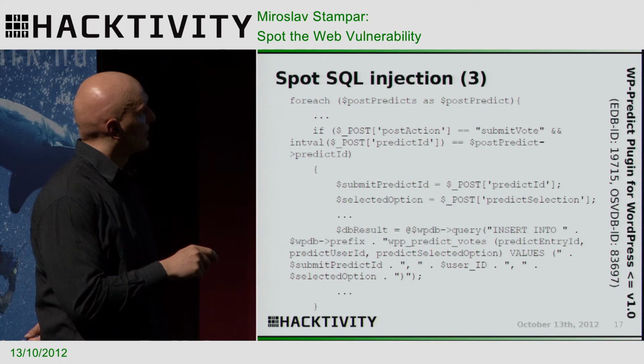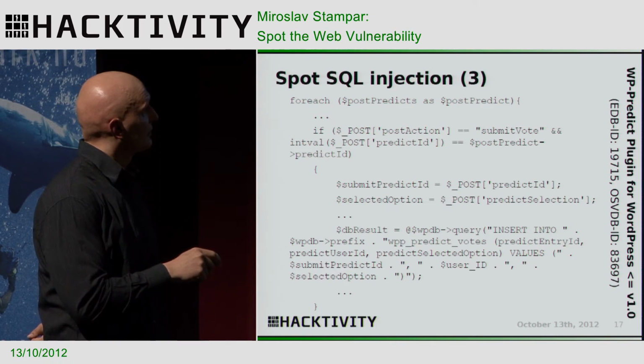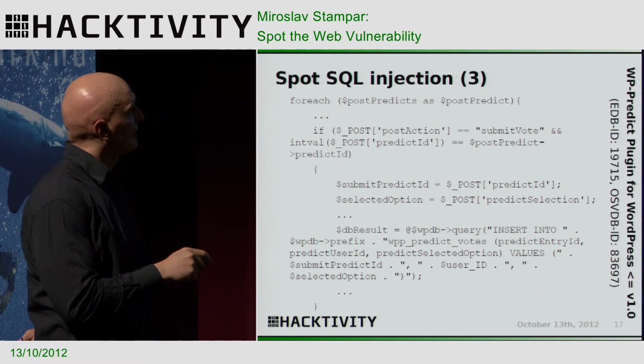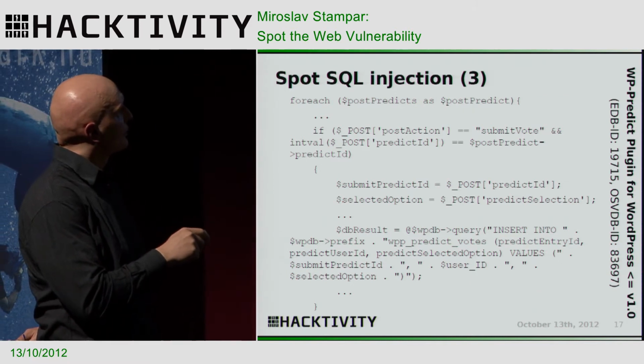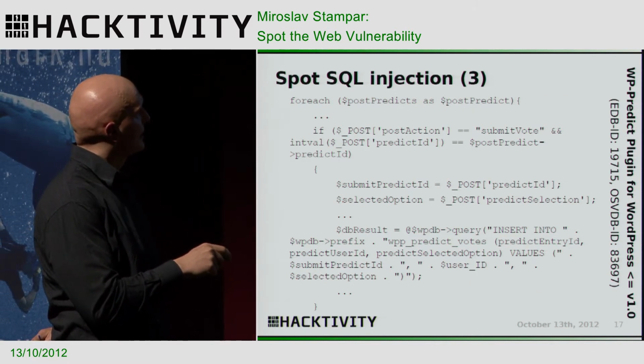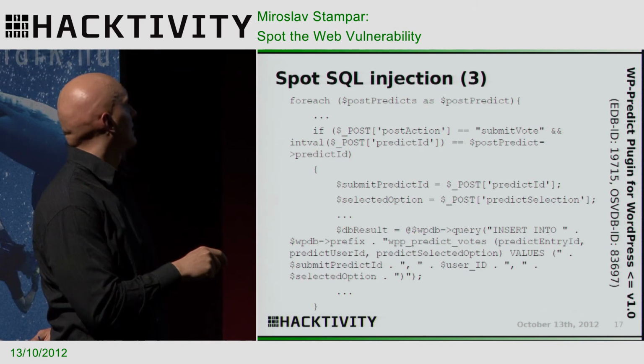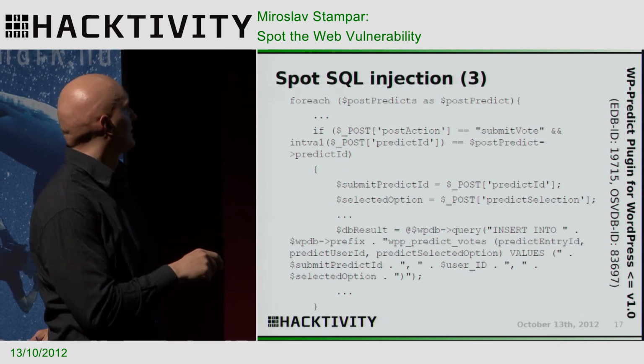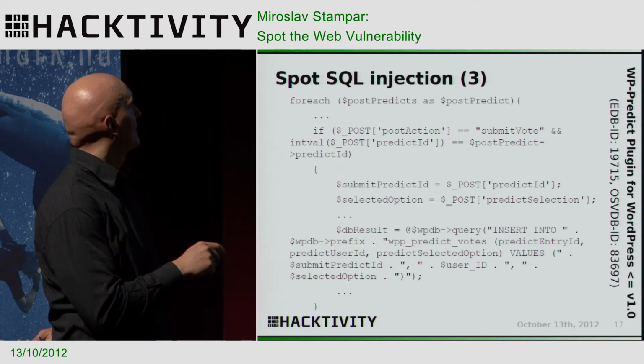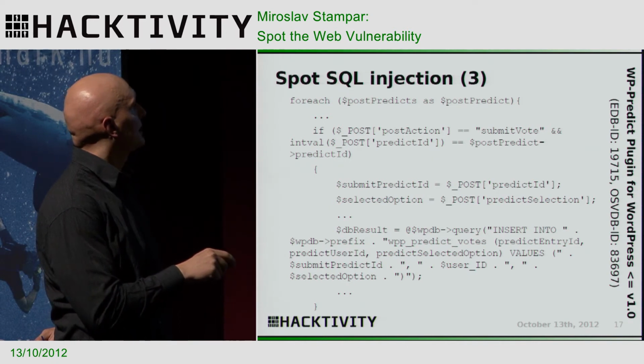But there is one other POST parameter which is not used by any means, nor filtered nor compared previously. It is just a second one. Not the predict ID, but the predict selection.